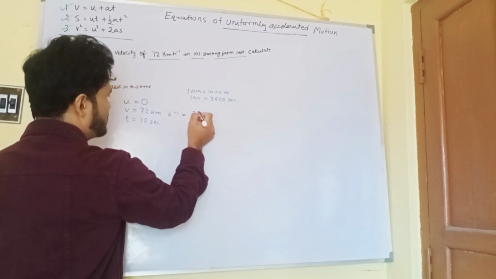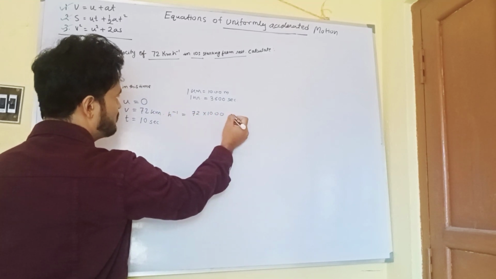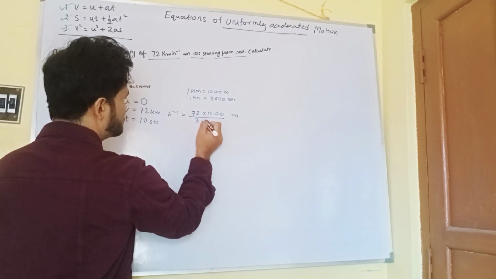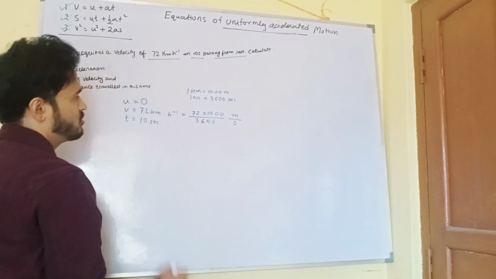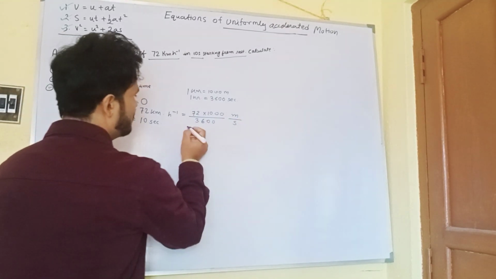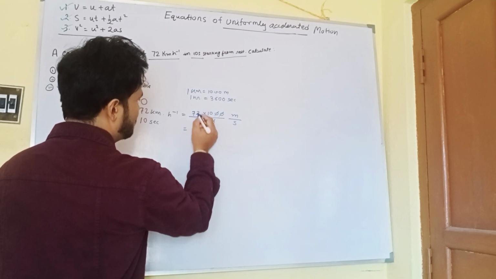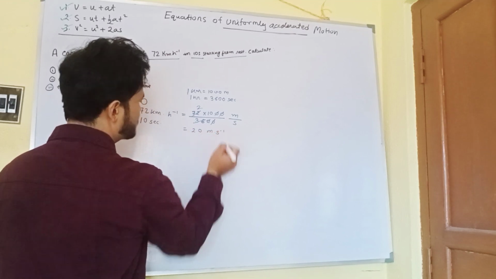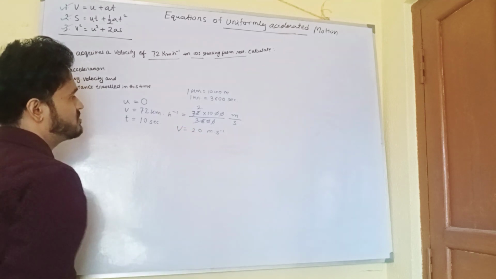So we multiply 72 by 1000 to convert kilometer into meter, and divide by 3600 to convert hour into second. If we calculate, what is the answer? 20 meter per second. So our V is 20 meter per second.